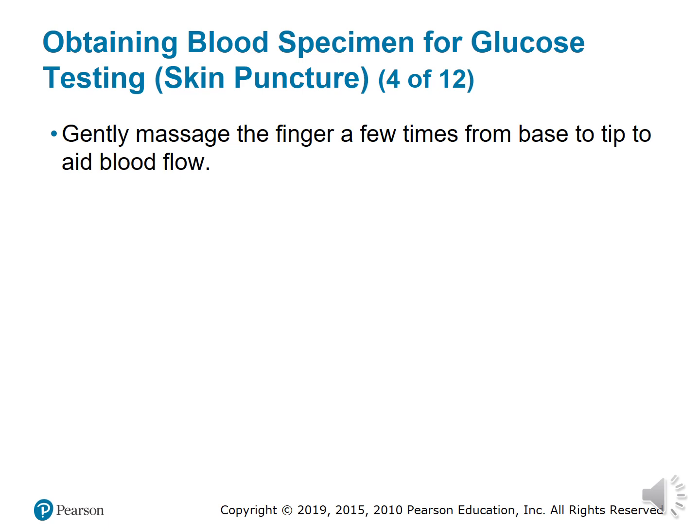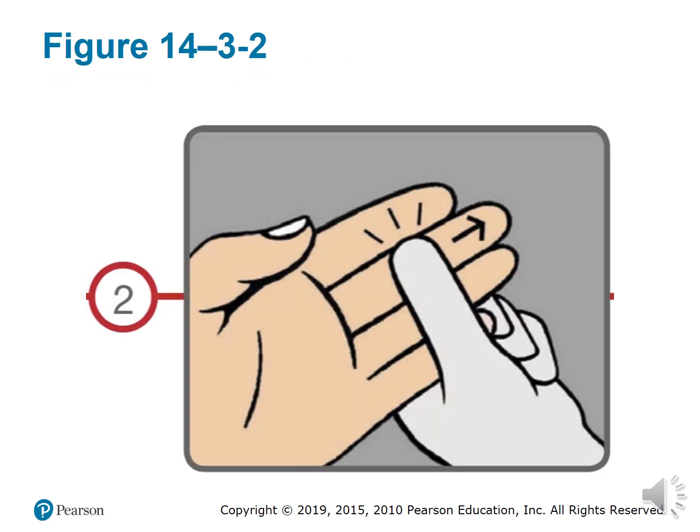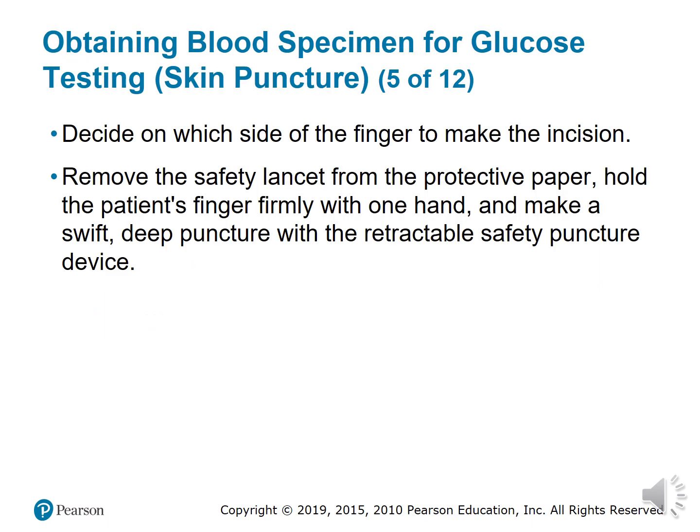Once you have done that, gently massage the finger you're going to use, to make sure the blood flow is adequate. You go from base to tip, gently massaging, and after a while you'll see the fingertip start to turn red. That means you've got a good flow going towards that finger.